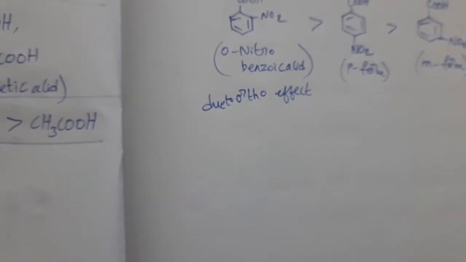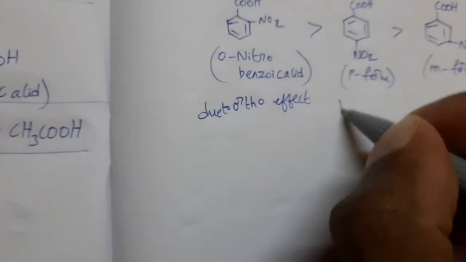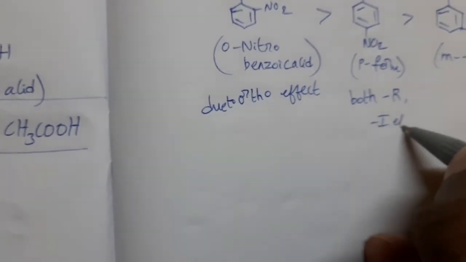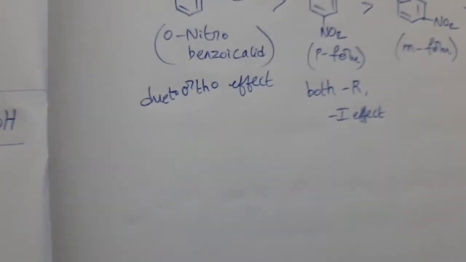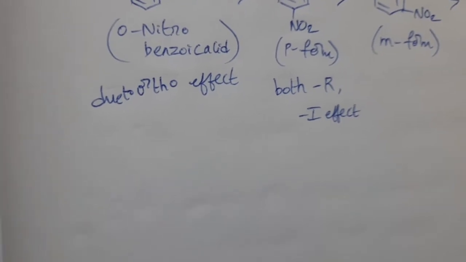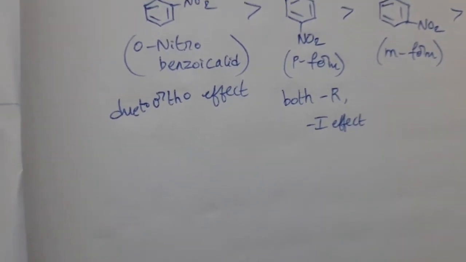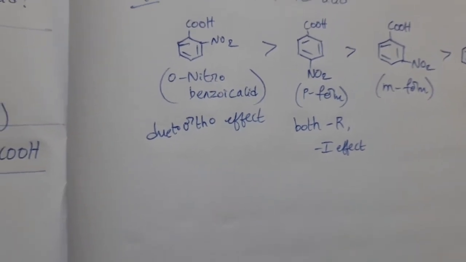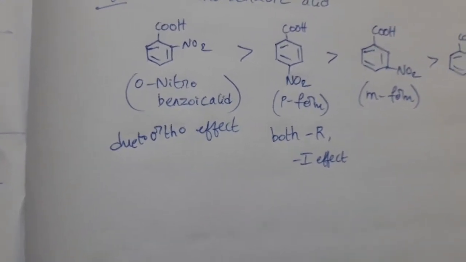In para form, the NO2 group can exhibit minus R and minus I effect. Minus I effect means negative inductive effect. Minus R effect means negative resonance effect. Resonance, this topic you will learn in the next class.